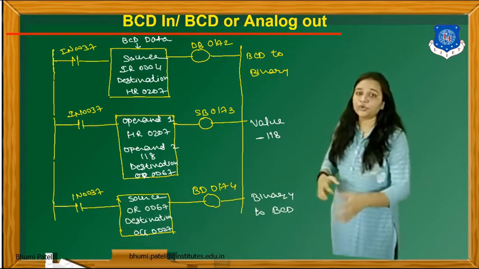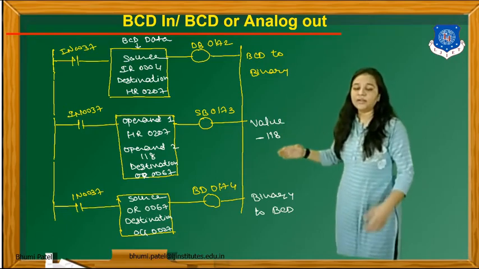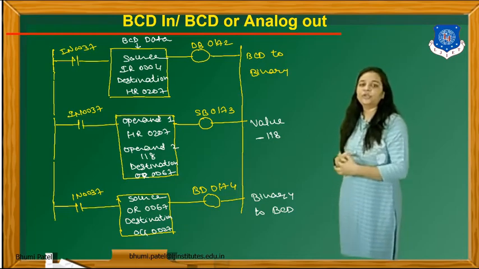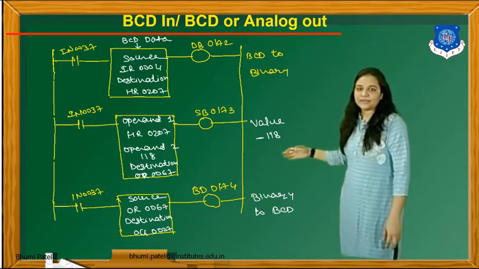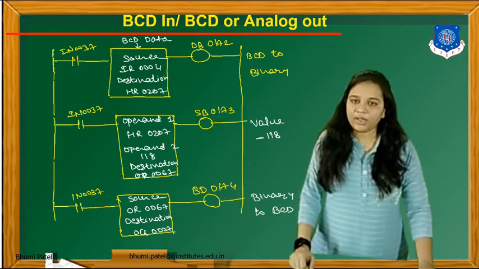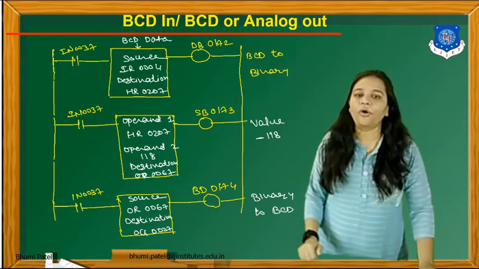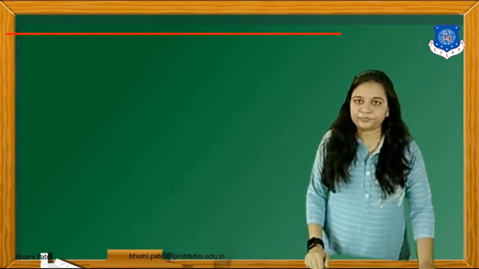We have to take the source from the above rung, that is OR0067. This data will be converted into a BCD number, so the destination will be OG0007 and input is enable. It is the compulsory condition for BCD to binary or binary to BCD.